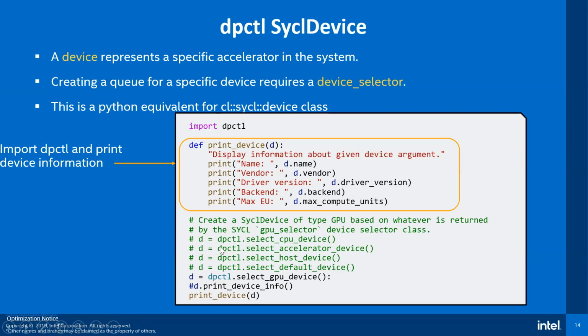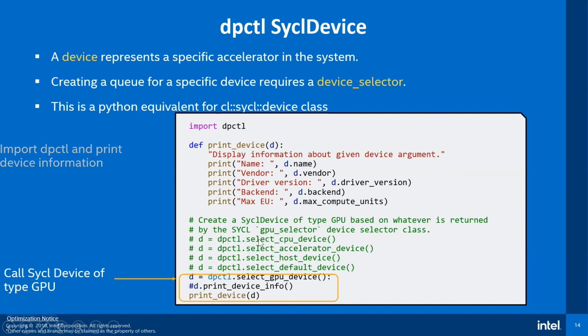I can select multiple devices here. I got a CPU device. If I select a default device, the system selects the best available device. Or if I want to offload to a GPU, I can select the GPU device and print its information. So these are the basics of the device class and how we can query the device and get its information using data parallel control.